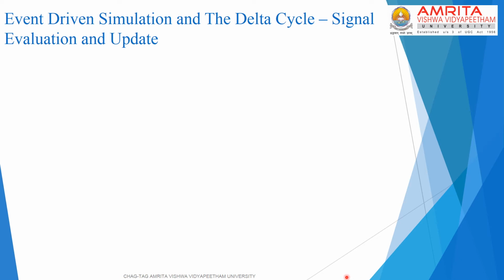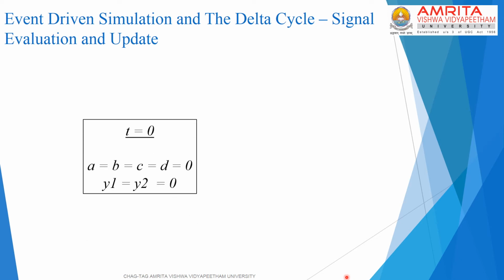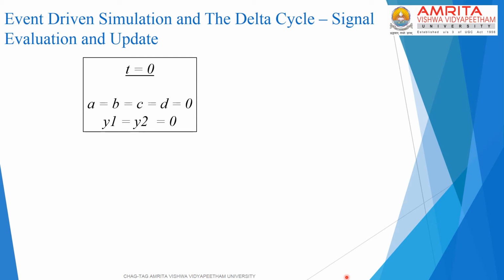The idea of delta cycle, which forms the heart of HDL simulation, is illustrated in this slide. We shall use the same code fragment that was shown in the previous example. Now let us assume that there is a test bench wherein all the signals in this code fragment are initialized to 0 at simulation time 0.